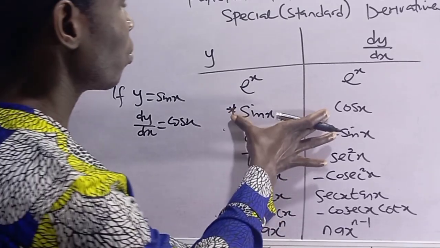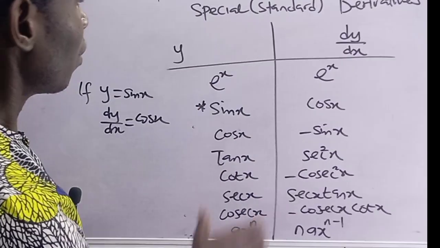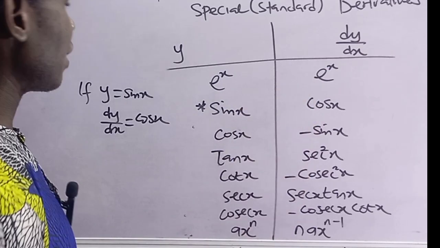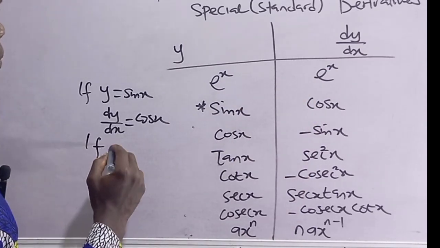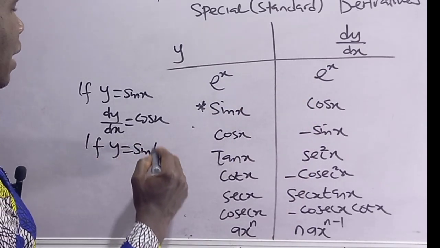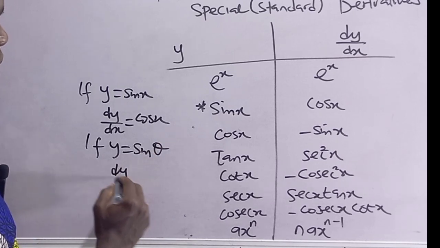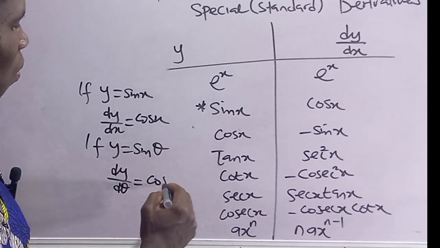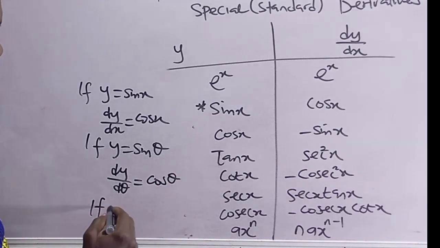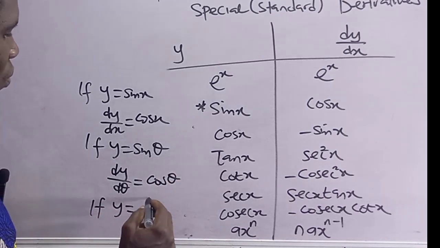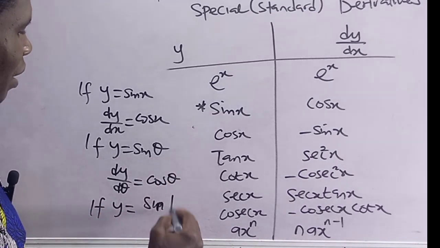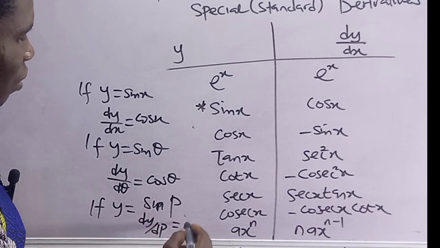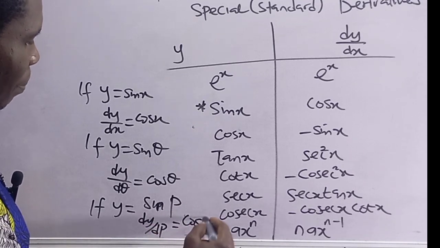But this table is not restricted to just x. If y is equal to sine theta, here we have dy over d theta is equal to cos theta. And if y is equal to sine p, dy over dp is equal to cos p.